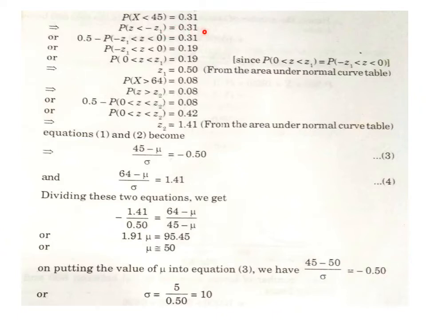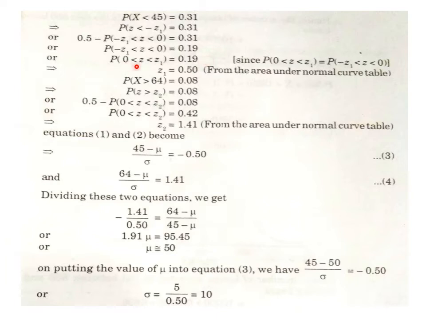That equals 0.31, and z less than minus z1 is some negative value of z model, as we have discussed a lot of such cases in previous lectures. It finally reduces to 0.5 minus P(minus z1 to 0) equals 0.31 using the diagram, and then that 0.31 taken over to the left hand side gives P(minus z1 less than z less than 0) on the right hand side, and minus z1 to 0 is symmetric to 0 to z1. So finally that particular format is to be utilized through the table.